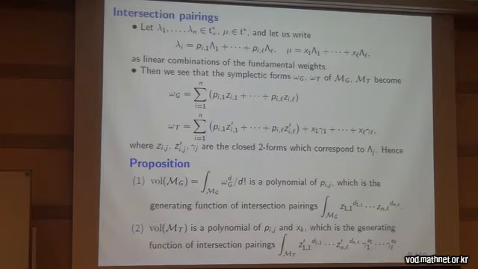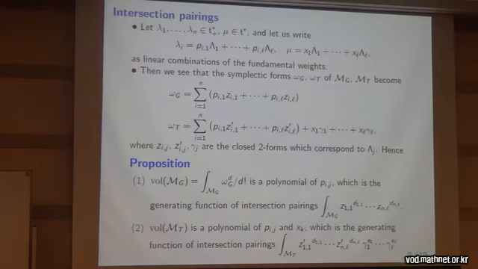Similarly, the symplectic volume of Mt, defined like this, is a polynomial of p_ij appearing here and x_j appearing here, which is a generating function of intersection pairings of Mt, in this form.